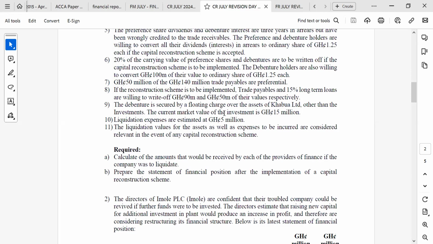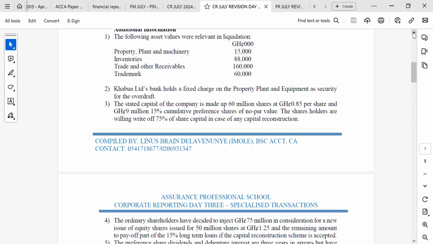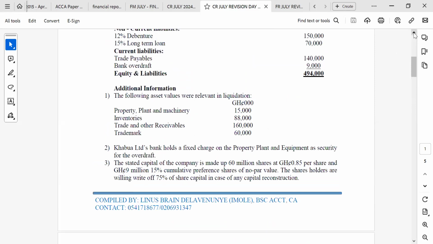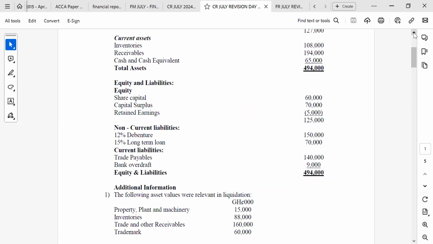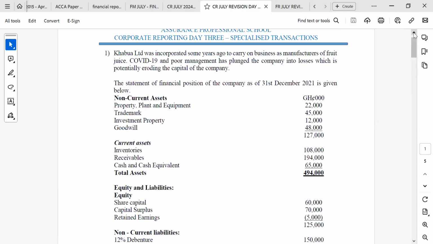The current market value of the investment is 15 million. So that should be 15 million, but that should not be termed as investment property.